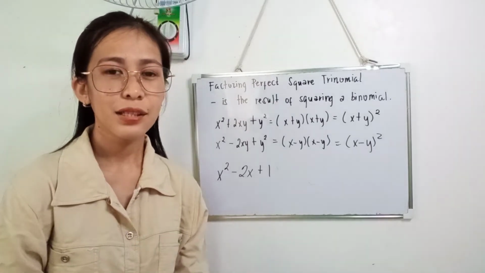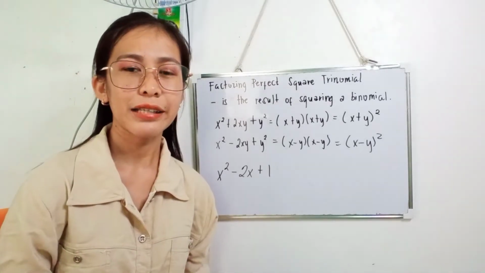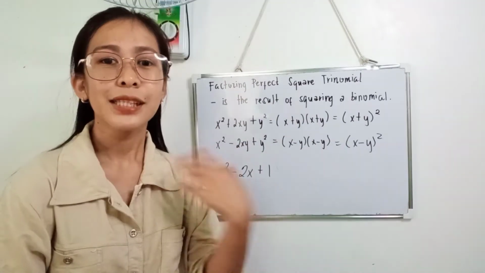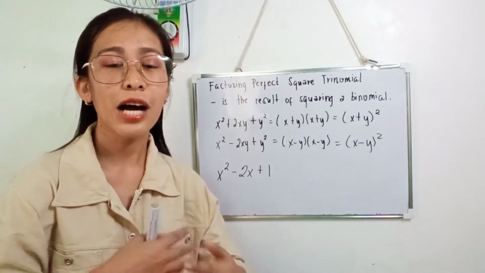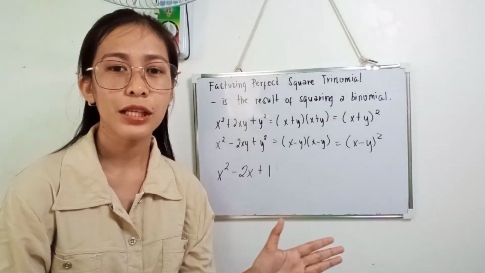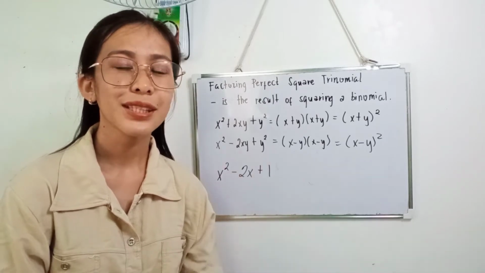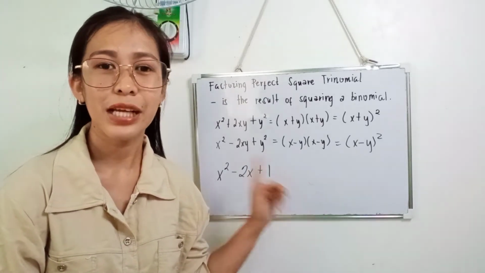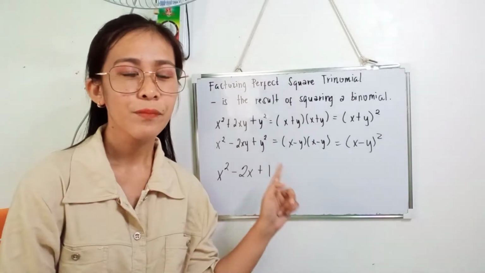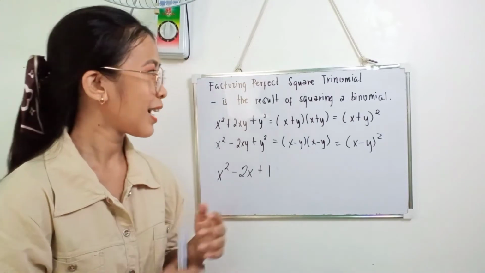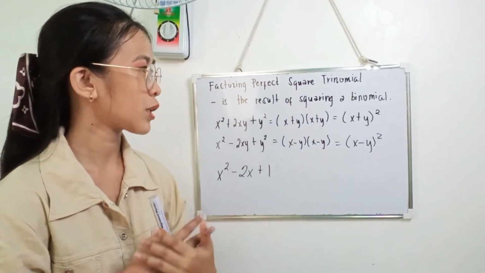And before that, wag nyo muna kalimutang daanan yung mga naunang lesson bago to. Kasi mas madali niyong maiintindihan on how to factor polynomials from those lesson na nauna ko nang nai-upload dito sa YouTube. And ito nga is lesson 4. Kung hindi ako nagkakamali, lesson 4 na to ng first quarter ng grade 8 sa math. Okay? And ayun na nga, factoring perfect square trinomial.